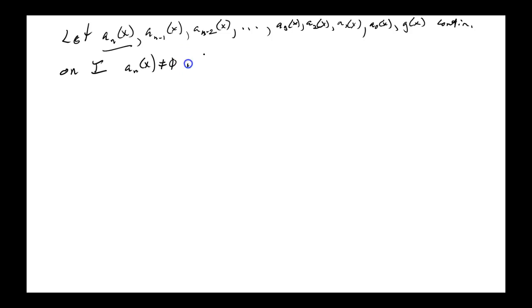Now, if x is equal to this x sub 0, and that's any point on the interval, then a unique solution y of x of the initial value problem exists and is unique.